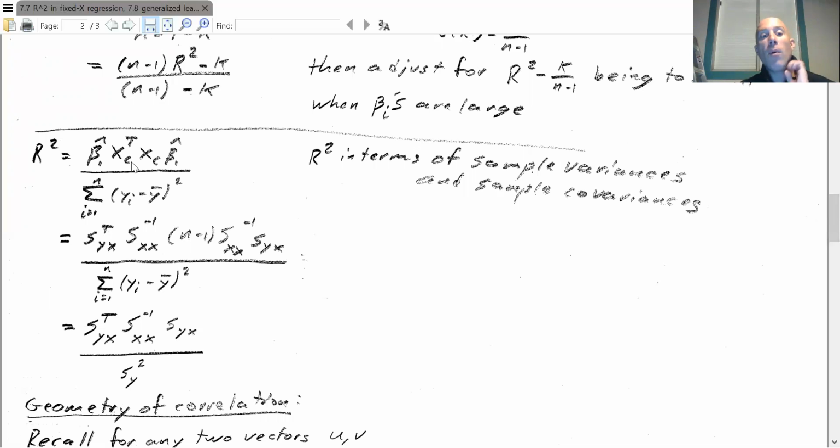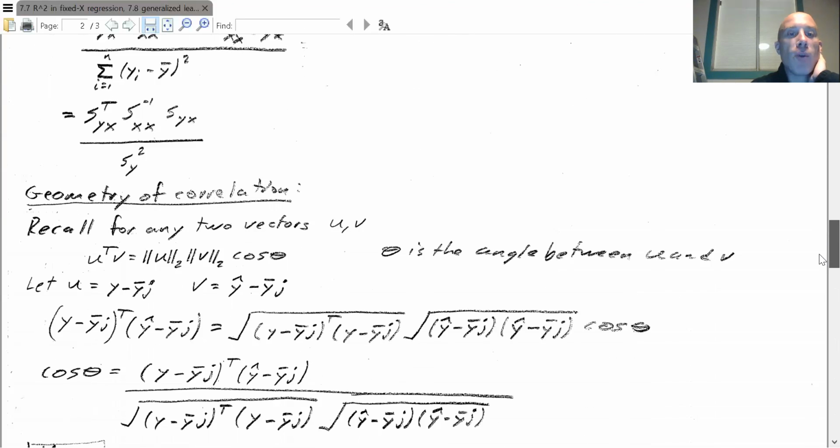If I work out the details, this is the covariance of y with x transpose, times the inverse of the sample x covariance matrix, times the covariance matrix of y with x. If I look at this, I know it's going to end up being this guy right here.